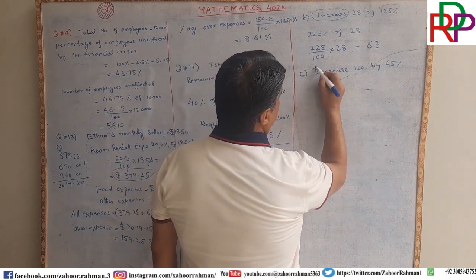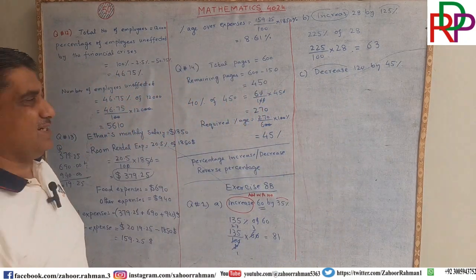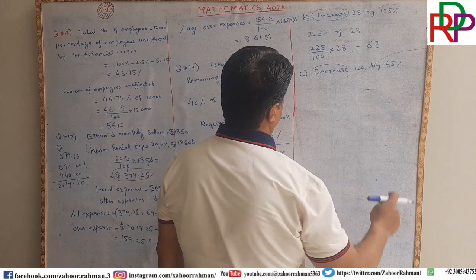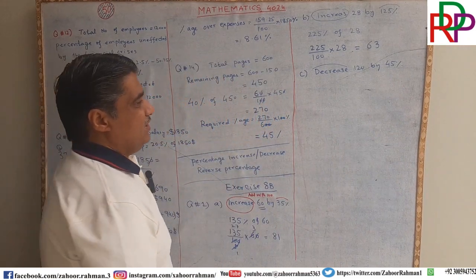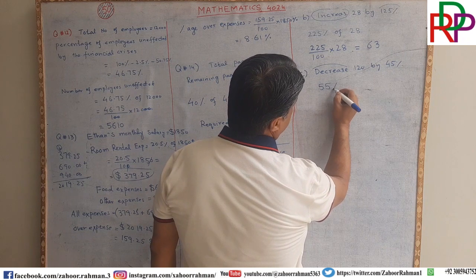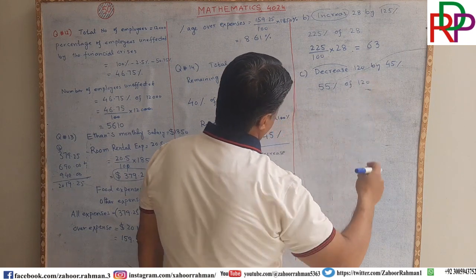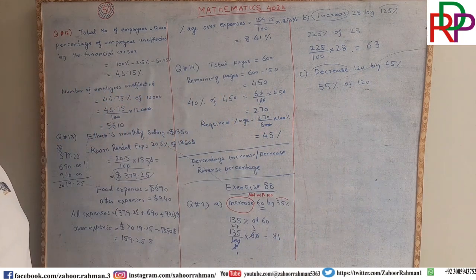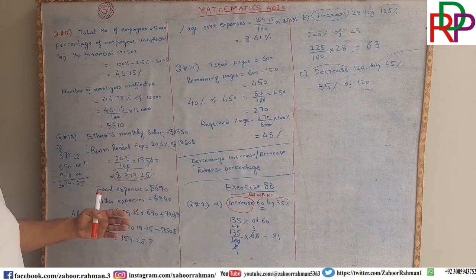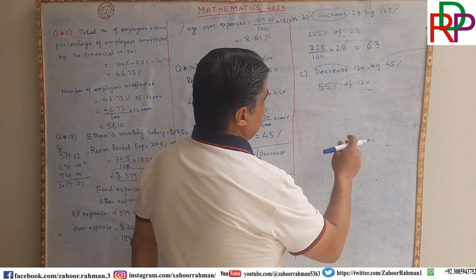Now, whenever you are seeing this word decrease, you have to subtract the required percentage from 100. So it means that we have to find 55% of 120. The prices are decreased, or whatever. I am talking about prices, but it is not always prices.